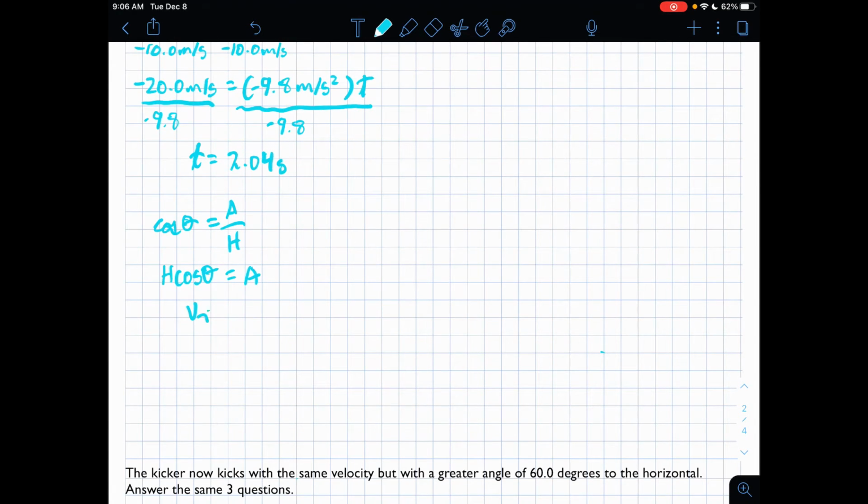So we write it out as Vx is equal to 29.3 cosine 20.0 degrees, which is equal to 27.5 meters per second.